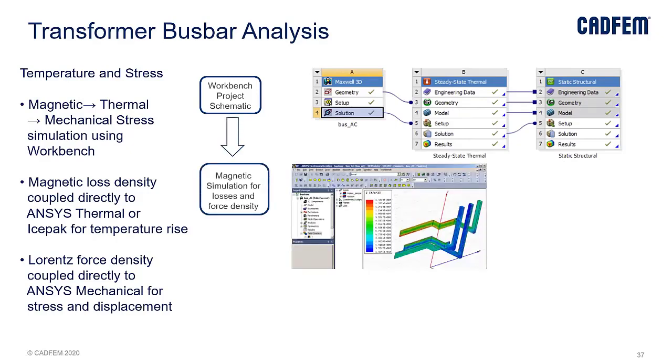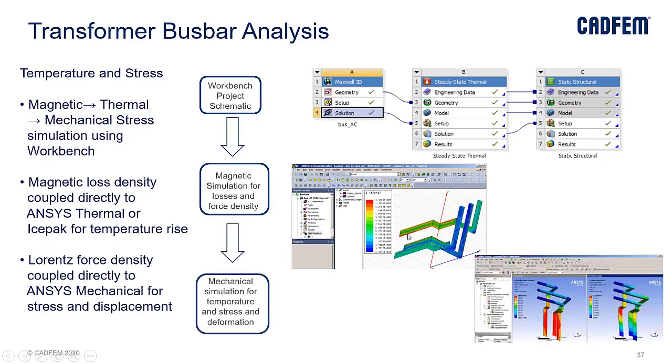Initially we can see the magnetic loss density we have computed, and that is directly coupled to the Ansys Thermal, or Icepak, for the temperature rise we can see, and this will help us to understand the temperature behavior. Finally this will transfer to the mechanical to understand the structural behaviors like stress and displacement on this kind of a bus.